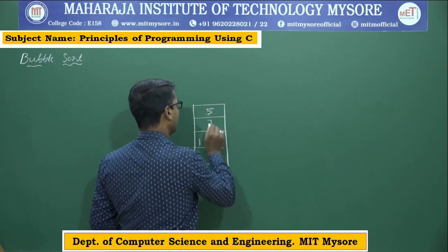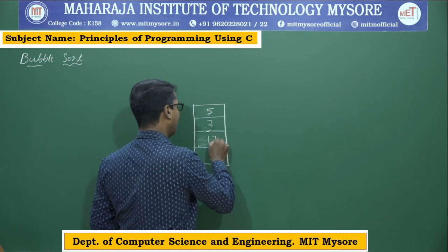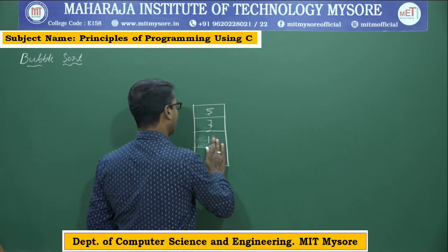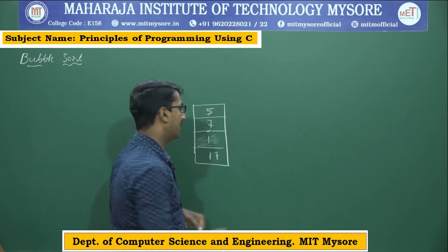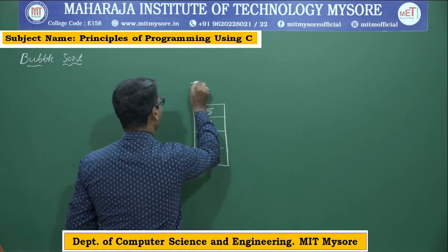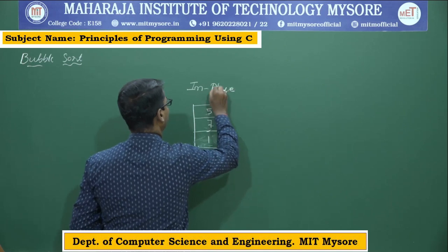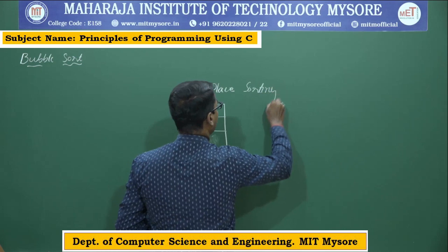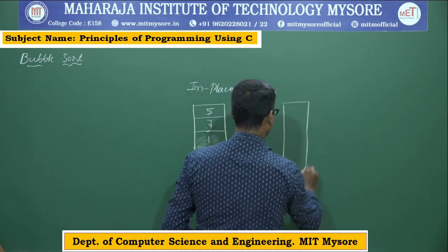Next, 7 and 17 will be verified. Then 17 and 1 will be verified, and 17 and 1 are exchanged. So the elements are arranged in the same array itself. This is in place sorting. Now consider one more example.